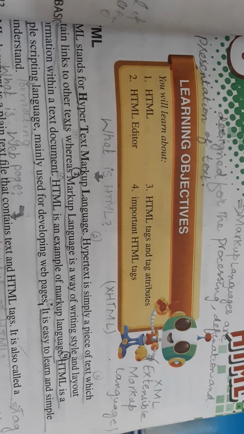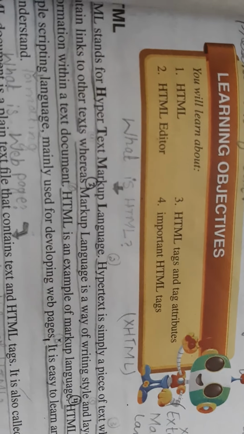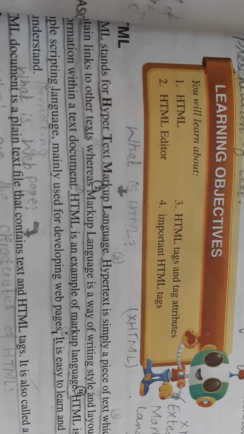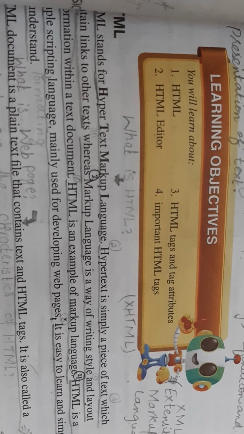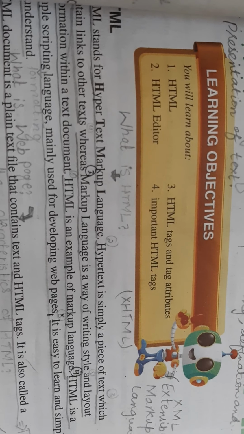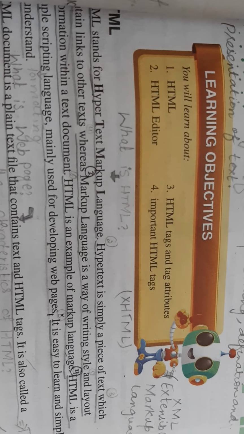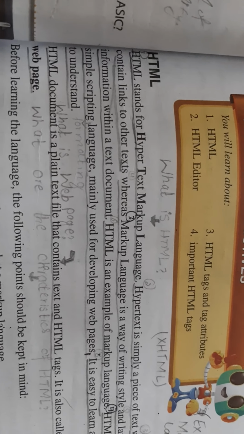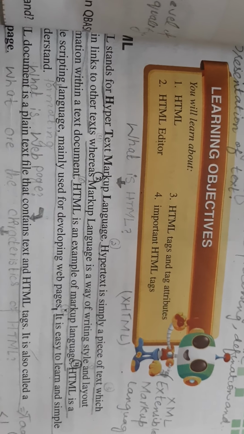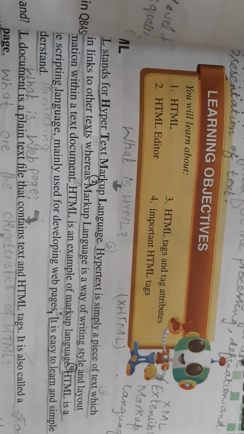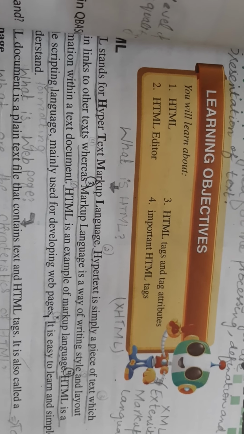Hypertext is simply a piece of text which contains links to other texts, whereas markup language is a way of writing styles and layout information within a text document. So students, HTML is used to create web pages.